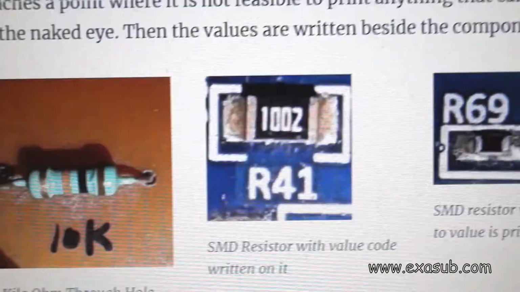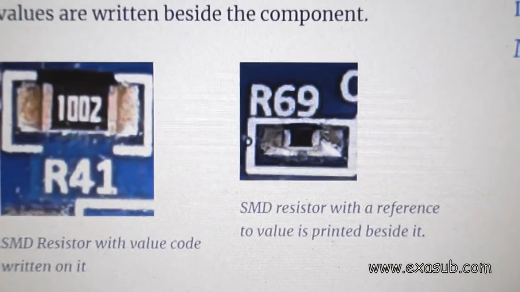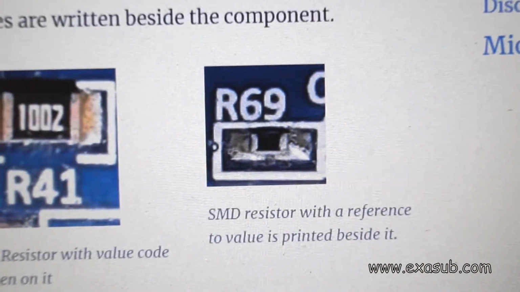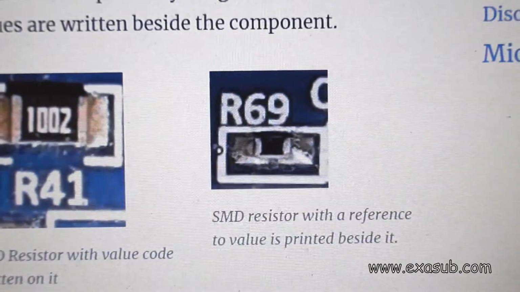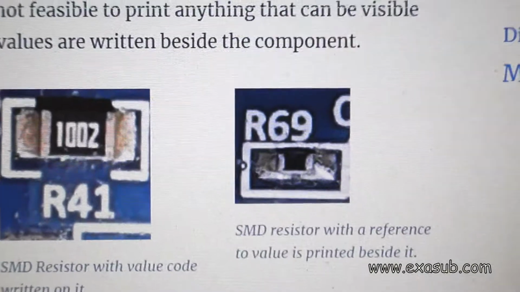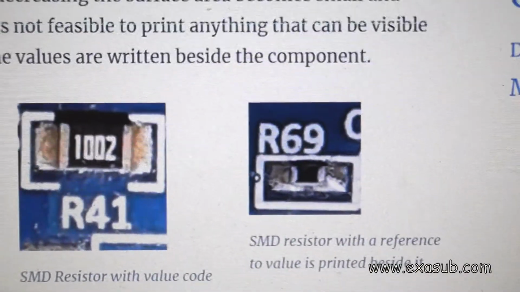Okay, so then we have another resistor. It is also of the SMD type, but it is so small that you cannot print anything on top of it, so the code is written beside it.